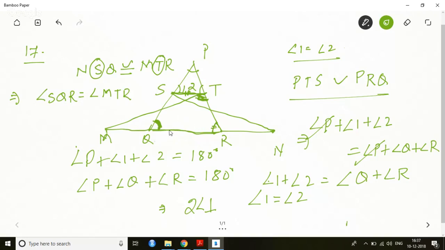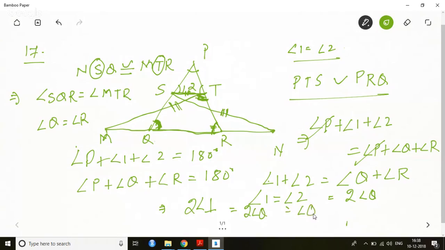So after this, what I need to do is find once again, and by CPCT, can I prove that angle Q is equal to angle R? So you see here, this angle is opposite to angle R, and this side is opposite to angle R, and this side is opposite to angle Q, and both are the same sides. So by CPCT, I can prove that angle Q is equal to R. So I can write down that 2Q is equal to 2 times angle 1.